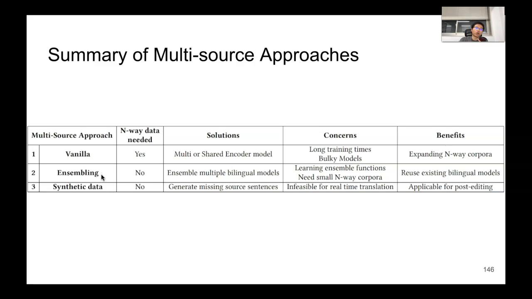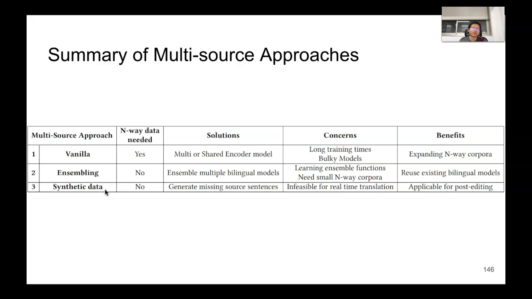The second approach is the ensemble approach, right? In the ensemble approach, the solution is to ensemble multiple bilingual models. The concern is how to learn the ensemble function. In this case, we need a small n-way corpus. The benefit is that we can reuse existing bilingual models.